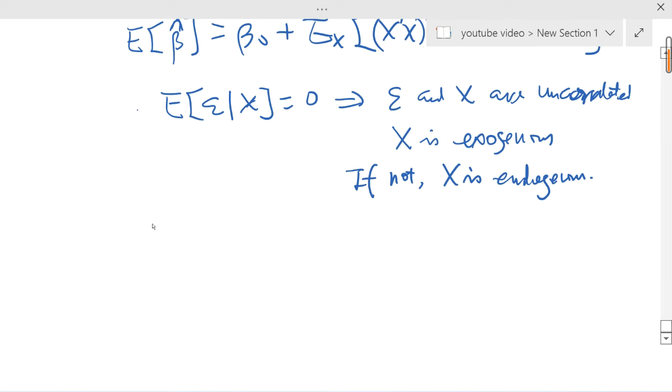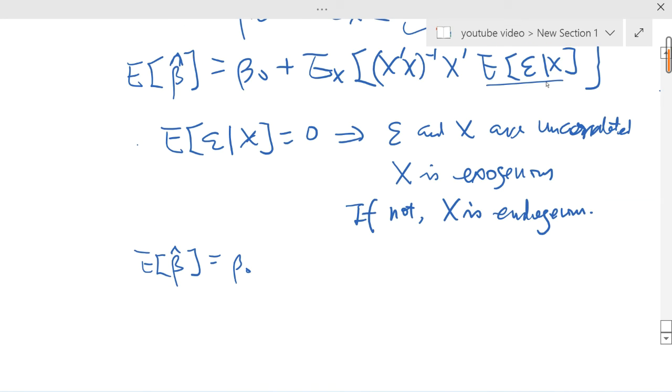Given this assumption, we know that the expectation of beta hat is equal to beta 0, the true value. So this is 0. So all the remaining terms disappear.